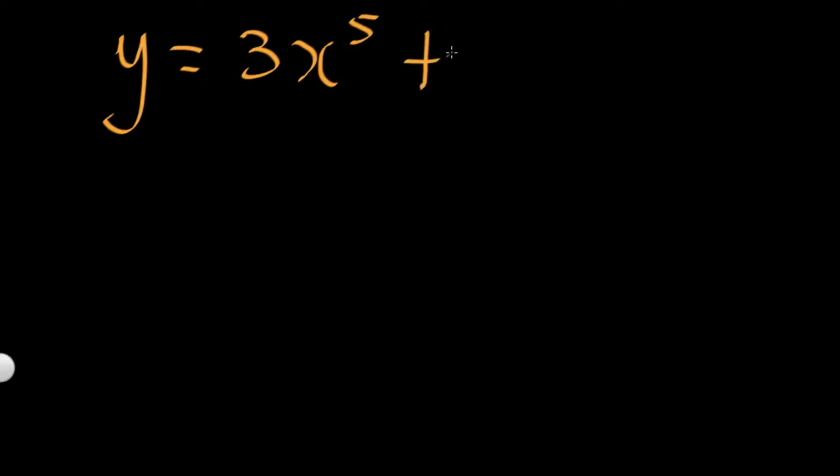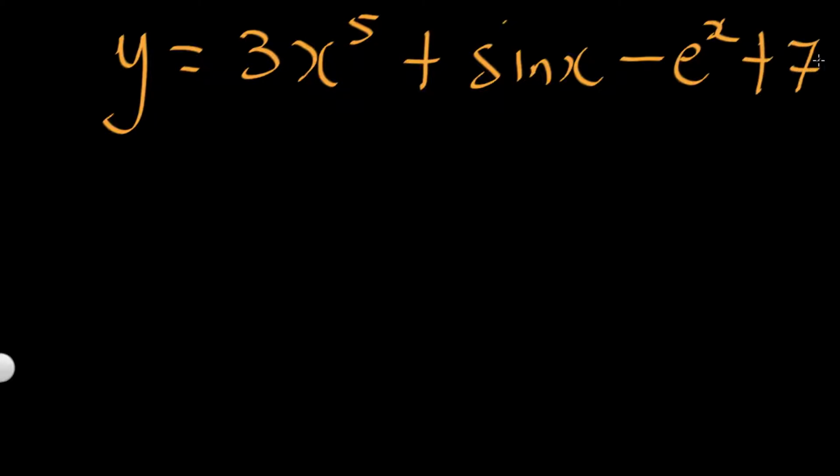Let me clear my board. I have y is equal to 3x to the power 5 plus sine x minus e to the power of x plus, let's say, 7. So we have a sum of terms.